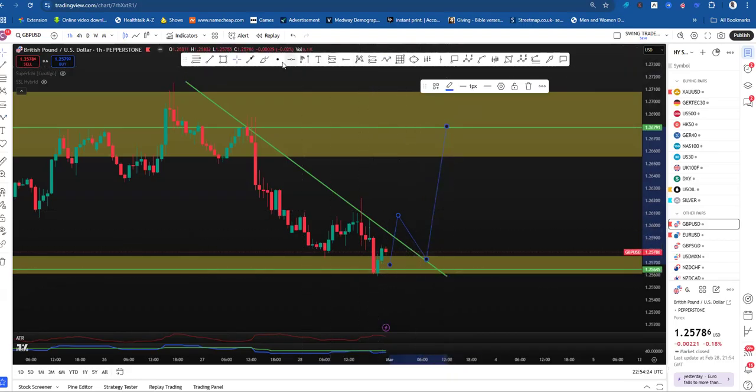That will give me the opportunity. In other words, I'll be expecting price to give me a double bottom here, something of that nature, and I'm ready to buy. So that's my first opportunity to take this trade.